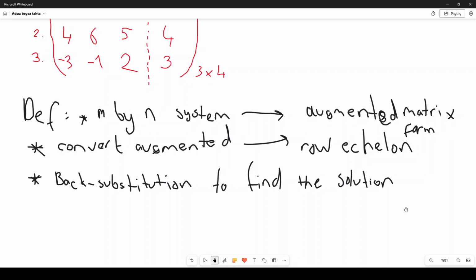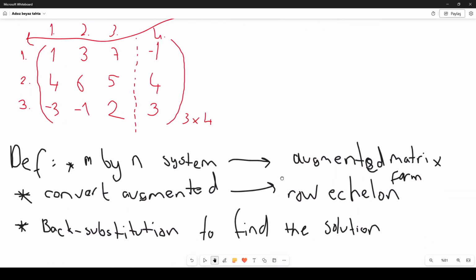In other words, without changing the solution set, we turn our original matrix into one which has the same solution set. Then we simply apply back substitution and find the solution. These are the basic steps we have to follow.